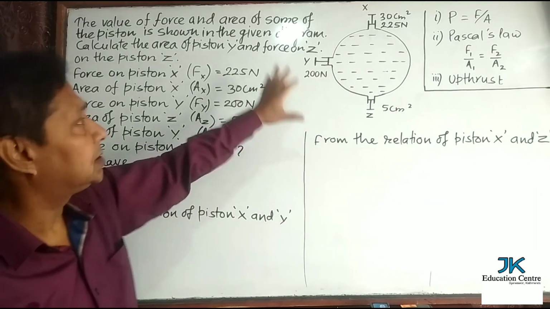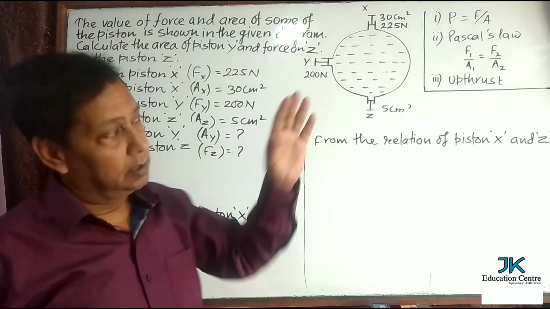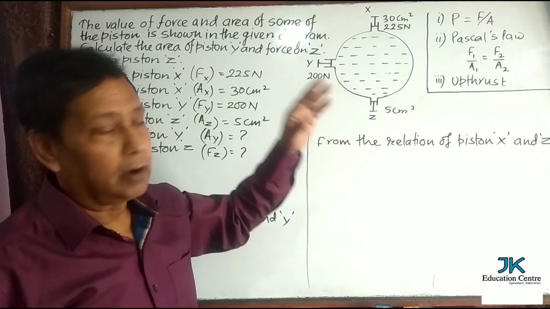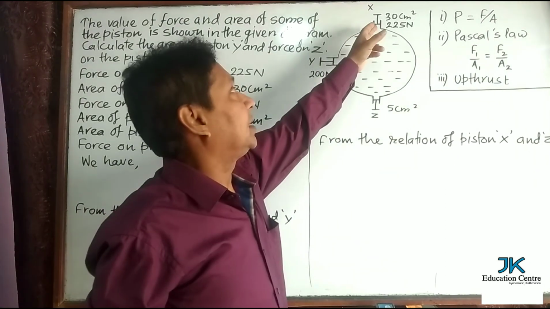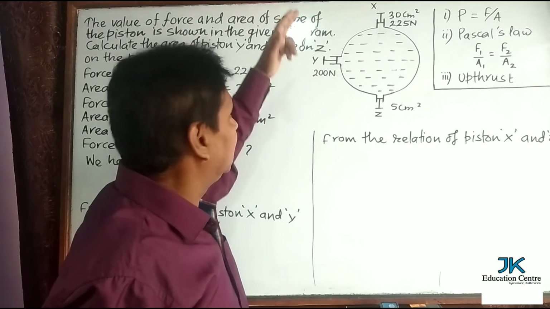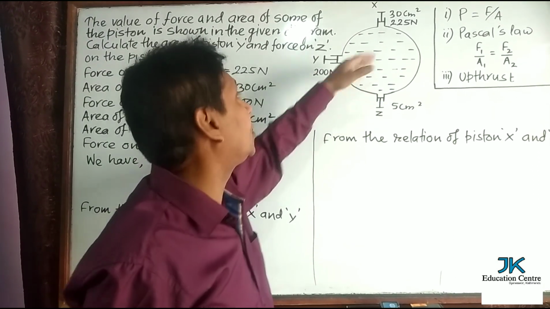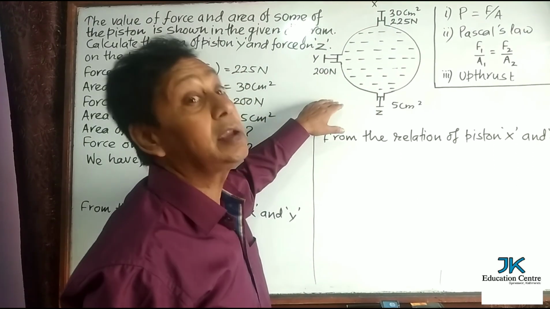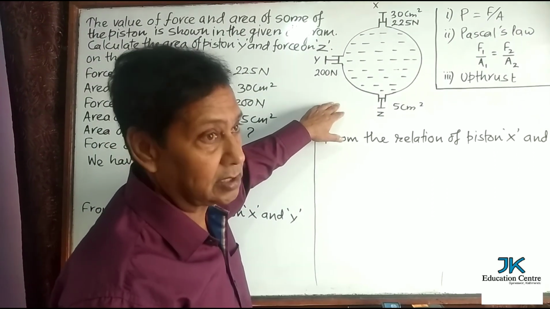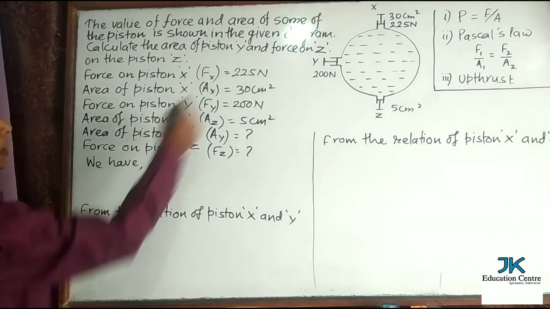But this numerical problem requires a little idea about Pascal's law. All of us know that the pressure on this piston is equal to the pressure on this piston, and the same pressure transmits to this piston also. That's why the pressure on all the pistons is equal. This is according to Pascal's law. That's why we can write one equation.